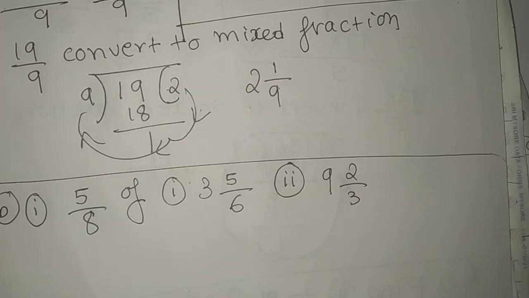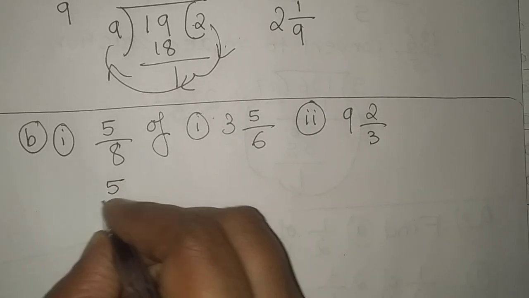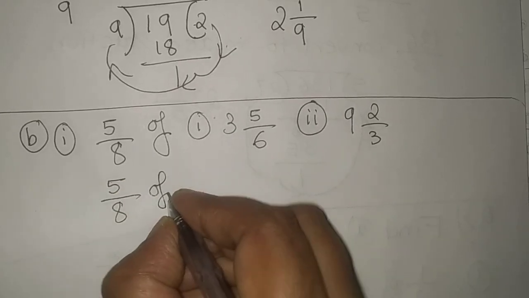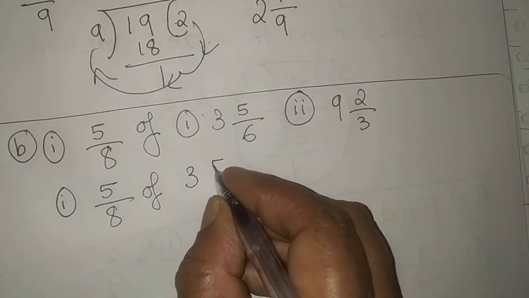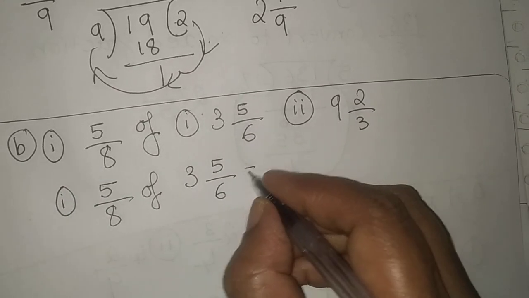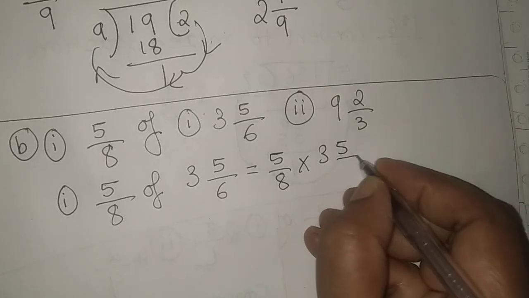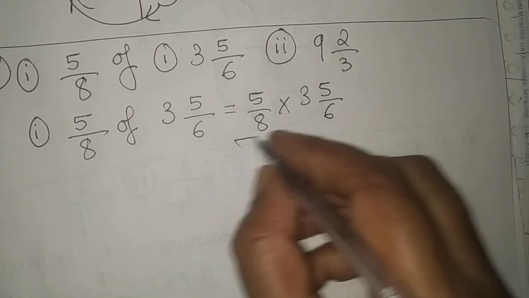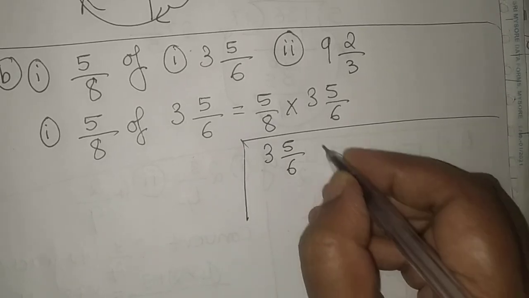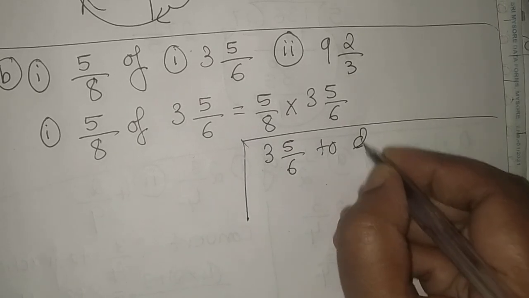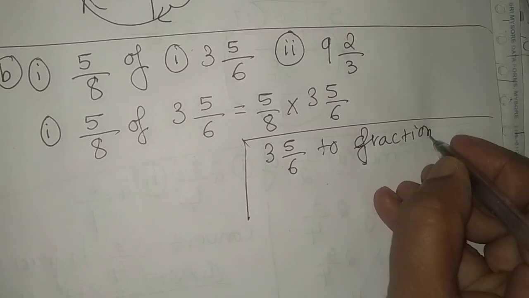We'll take the B first one, that is 5 by 8 of 3 5 by 6, which can be written as 5 by 8 into 3 5 by 6. Now convert 3 5 by 6 to a fraction.